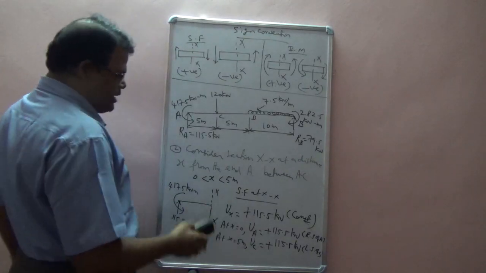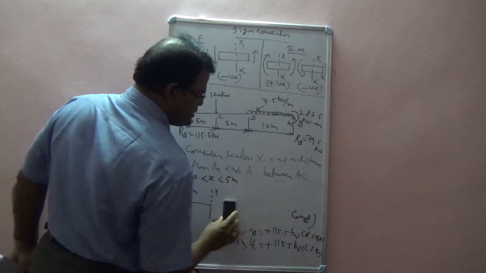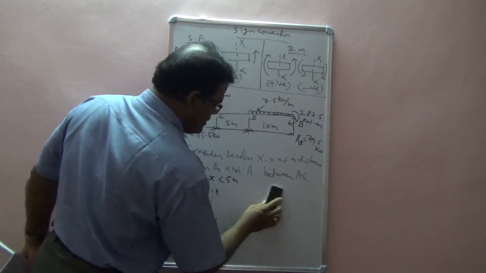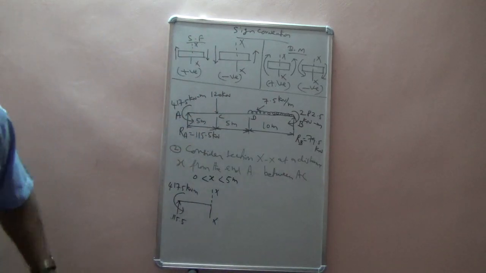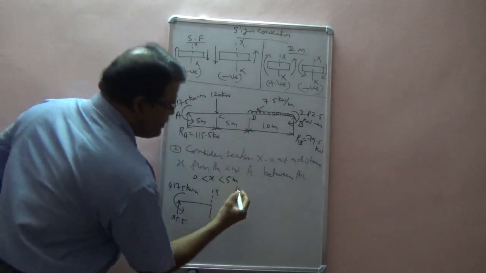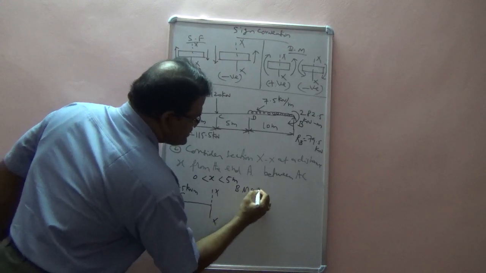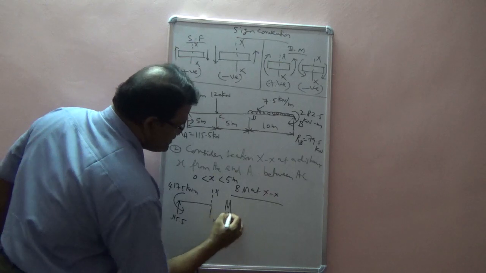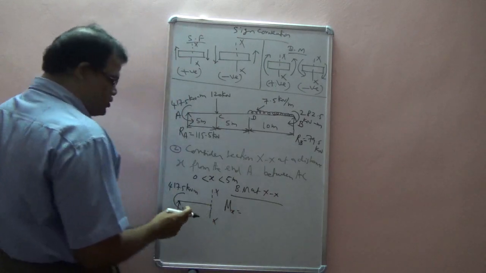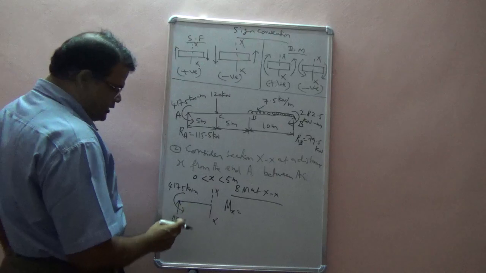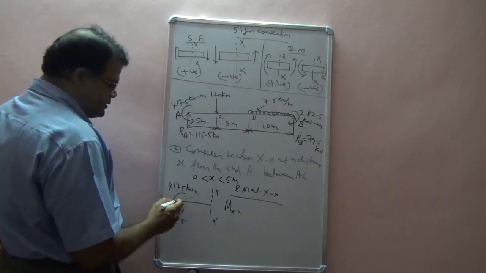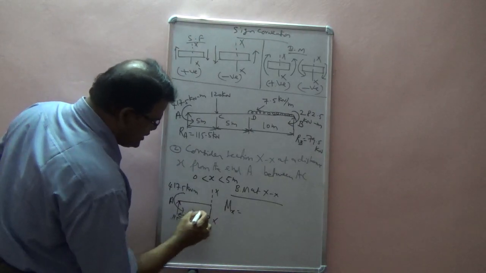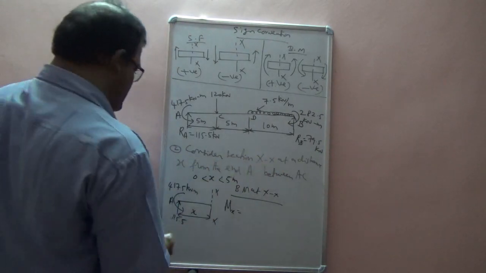Now we will calculate the bending moment at section XX. As usual we denote the bending moment as Mx. There are two loadings, one is a couple and the other one is a point load acting at point A, and this distance is x, as per the statement.